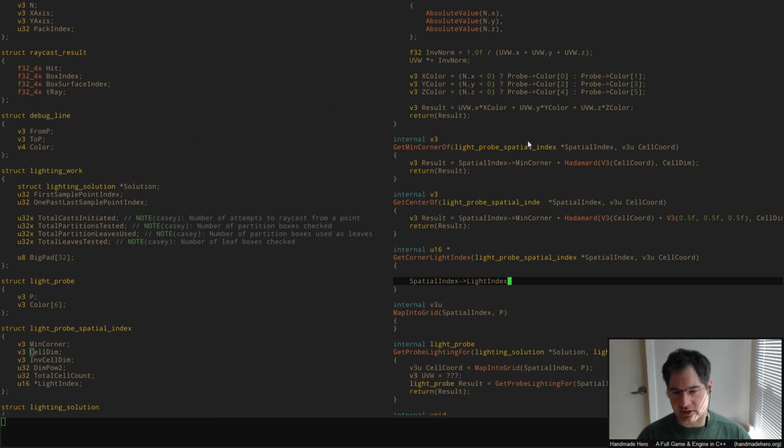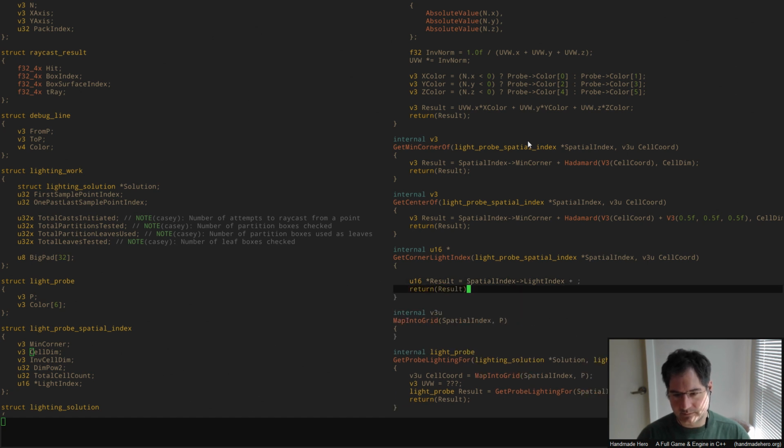we know that to get our light index, what we want to do here is take that array that stores all the information in the voxel, and we want to move by the cell chords somehow, right? So we're going to be doing something like this.